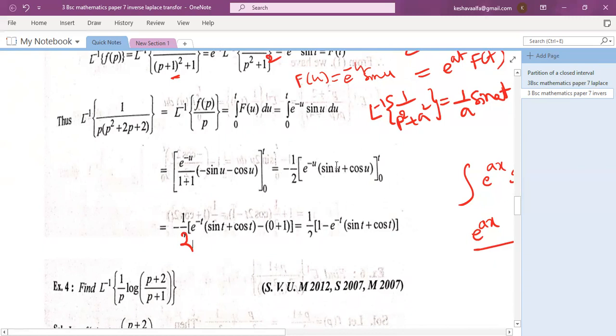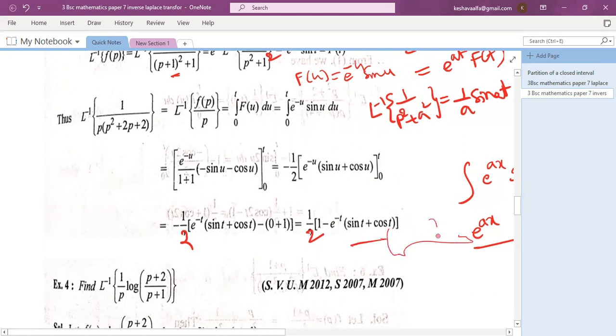Lower limit: sin 0 is 0, cos 0 is 1, e power minus 0 is 1 by e power 0, that is 1. So we get 1 by 2 (1 minus e power minus t (sin t plus cos t)).